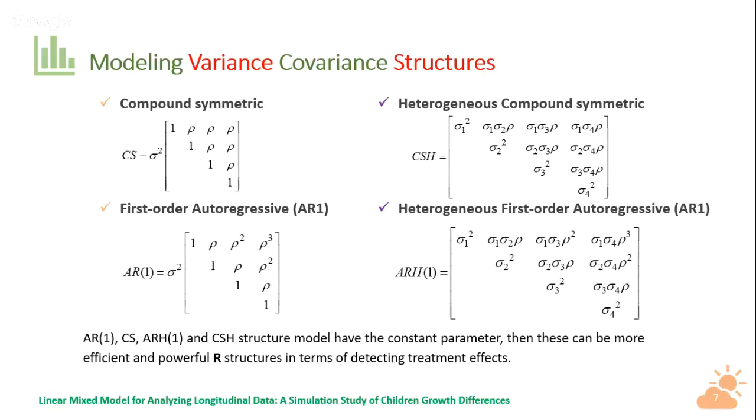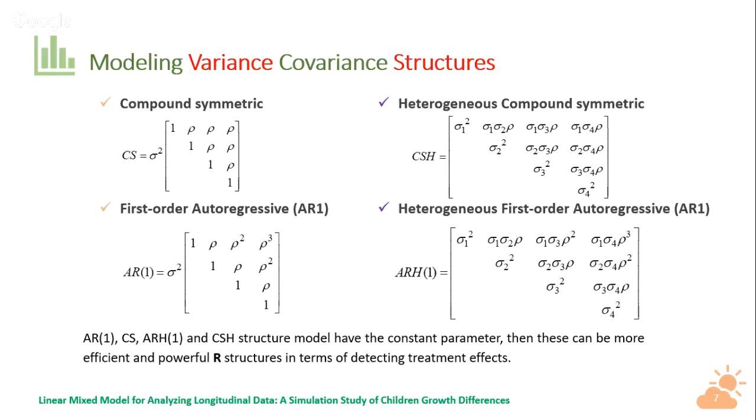And then the generalization of the compound symmetry covariance structure and the first order autoregressive covariance structure is the heterogeneous compound symmetry, or CSH, and for the AR1, the generalization is ARH1.